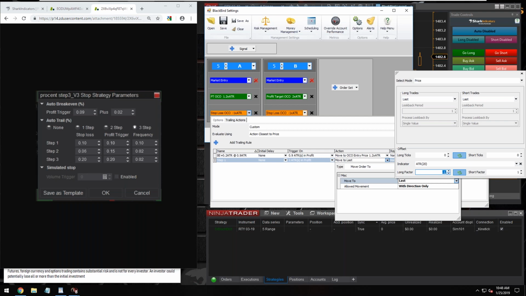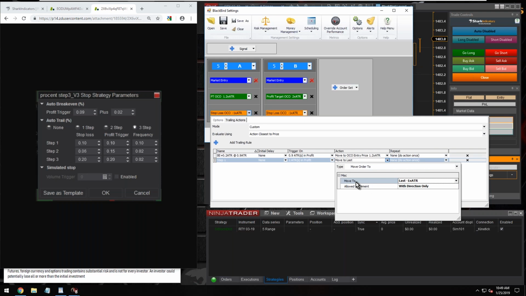Below price when you're taking a long trade, right? So your stop losses are always going to use a negative number, right? So the offset is always going to be a negative number from the market. All right. So there, we've got the stop loss column set up.